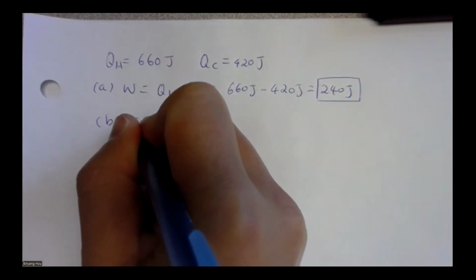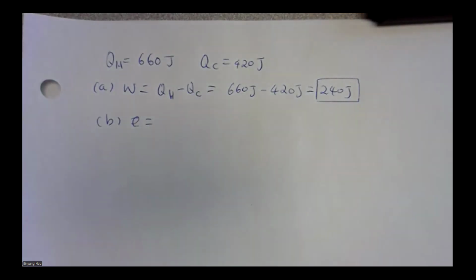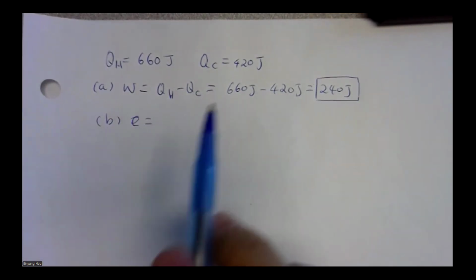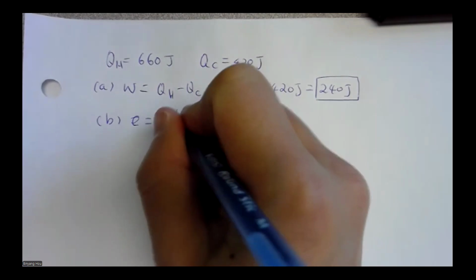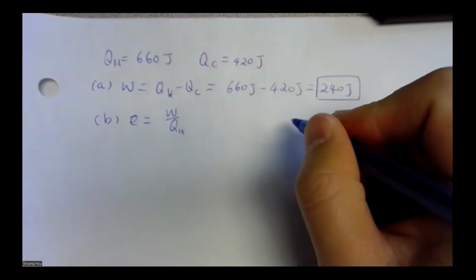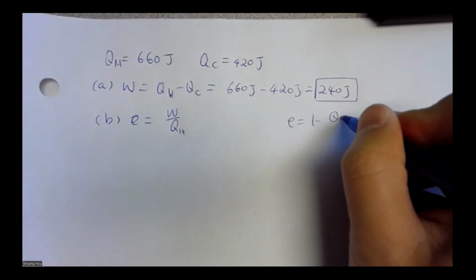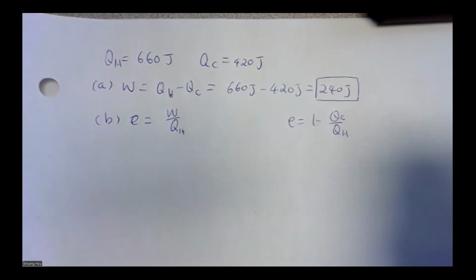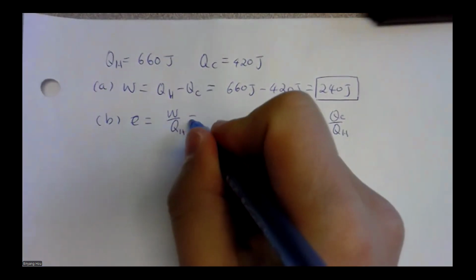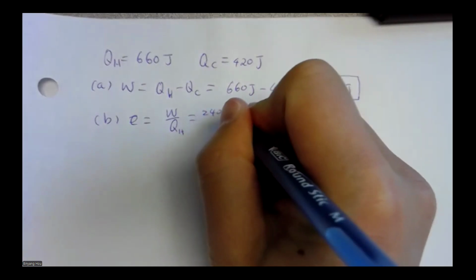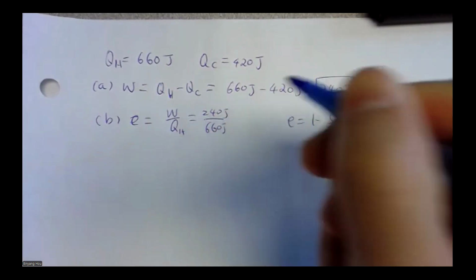B, efficiency. Now you have the work already as well, so it's either W over QH, or you can do E equals 1 minus QC over QH. Okay, so that will be the same. I will use this guy. So this is 240 joules over 660 joules.